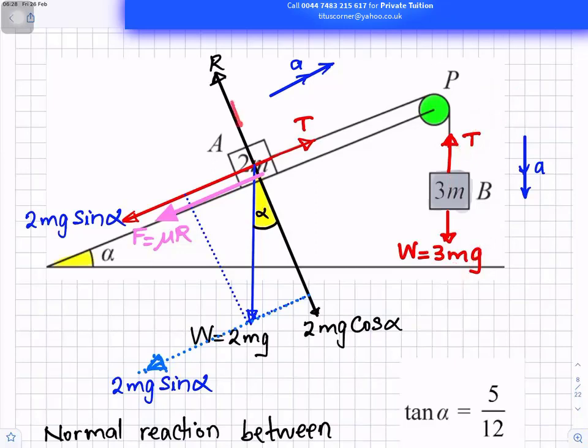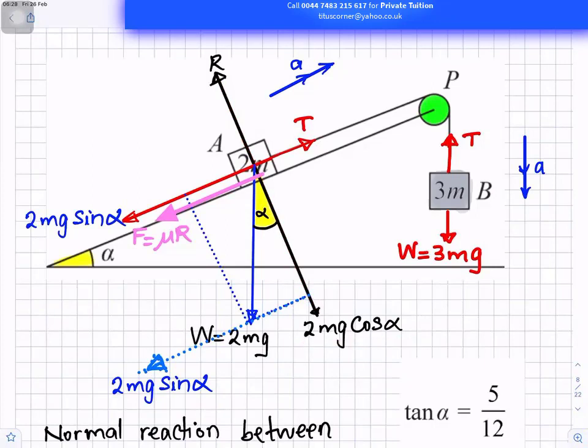Now the reaction is at 90 degrees to this plane. So this angle there is 90 degrees. So that's the reaction force. So this reaction force, if you get the opposite coming straight down, that is 2 mg cos alpha.